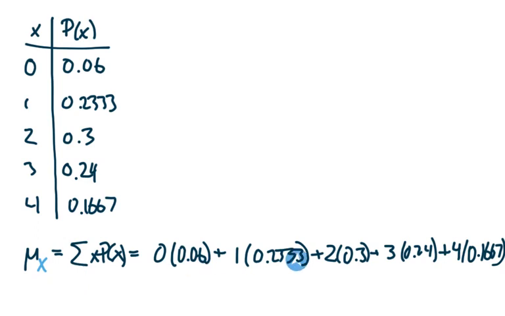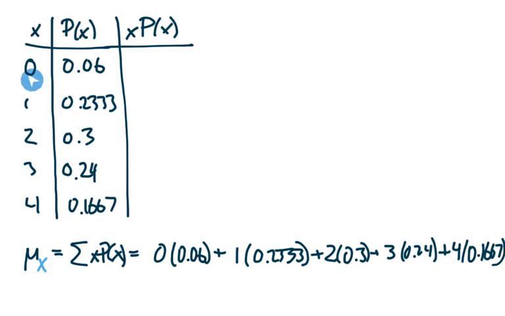Sum, adding the things. So in order to do this, usually what we do is make a table slightly bigger, and because we know that we're going to have to add up a lot of things, we're going to make a column for those products, and then we can add that up. So let's make that column. Obviously, the first 2 rows are going to be easy. 0 times anything is 0, so we're going to get 0. 1 times anything is that thing.